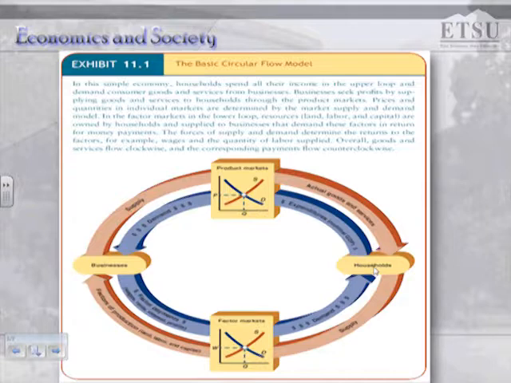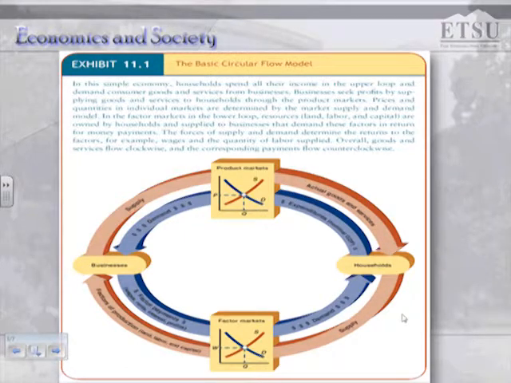We have things that aren't in here, like, well, when the business pays a wage for labor, the households get taxed on that, right? We have an income tax. So not all the money that businesses pay out for labor makes it to the household. Some of it goes out to the government.